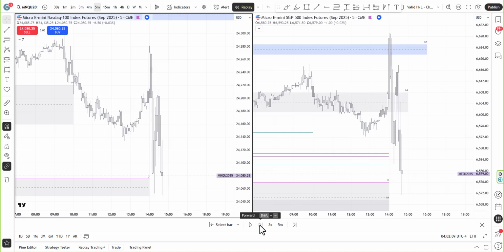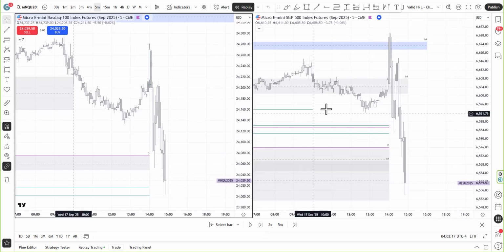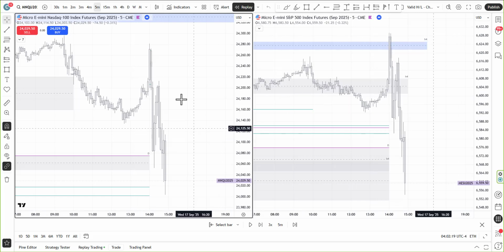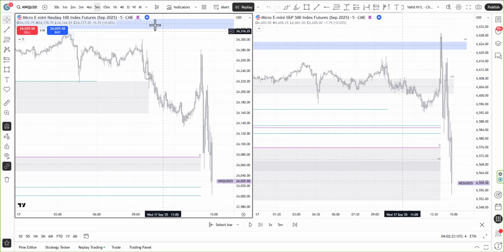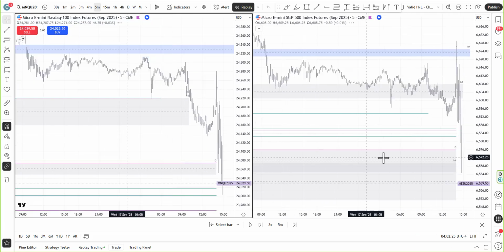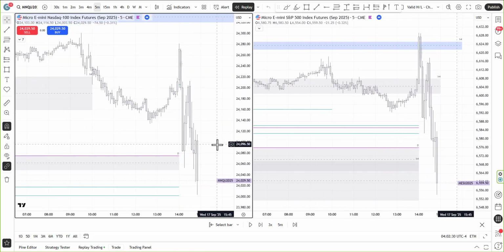And at this point in time, ES was being more bearish than NQ, which I think makes a bit of sense because the move up was also more violent. So then you might expect that the move down is also more violent. So at this point in time, I'm just watching price go, and to be honest, many key levels are being taken.